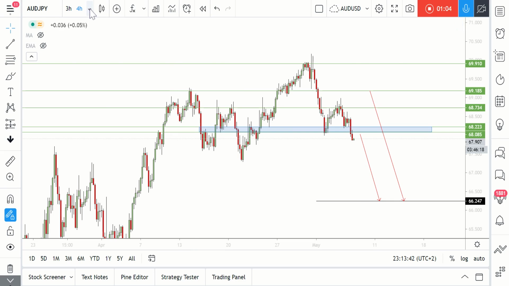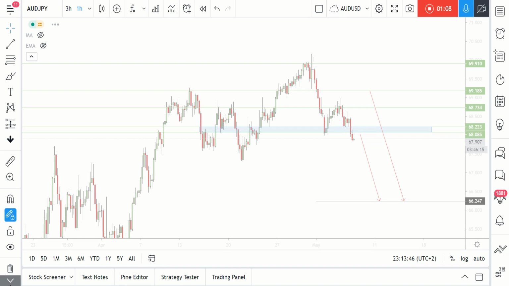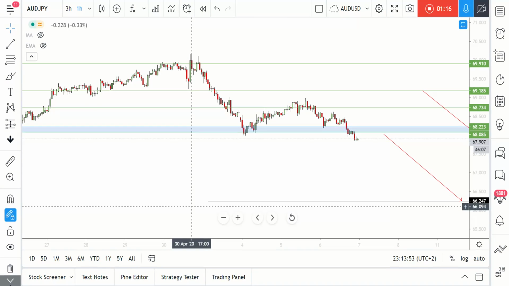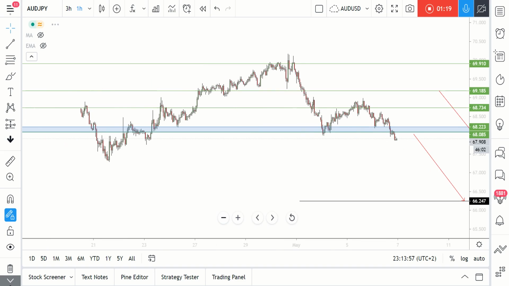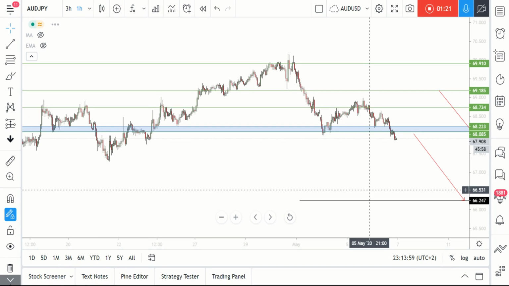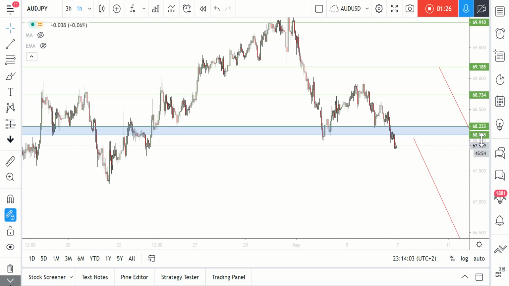Now if you just look quickly, I just want to give you a quick hint here. If you look at Australian impact news coming in at 3:30 in the morning, I think, if I'm not mistaken, you should just check your economic calendar. Go to trade balance that's coming at 3 in the morning.